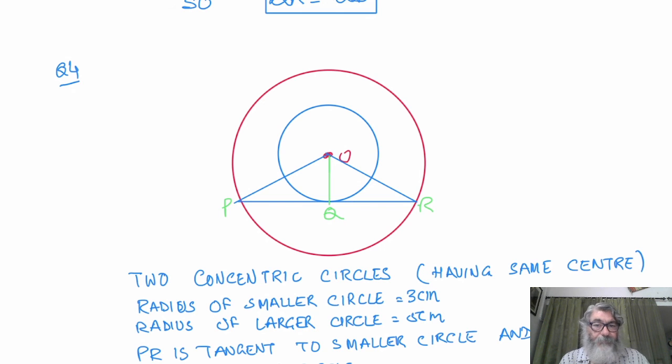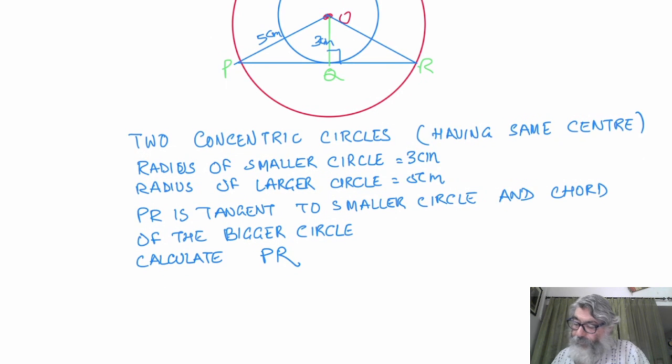It is very simple because PQR is the tangent, OQ is radius, so it will be perpendicular. This angle will be 90 degree. This is 3 centimeter, and for the larger circle OP is 5 centimeter. So in triangle OPQ, OP square is equal to OQ square plus PQ square.